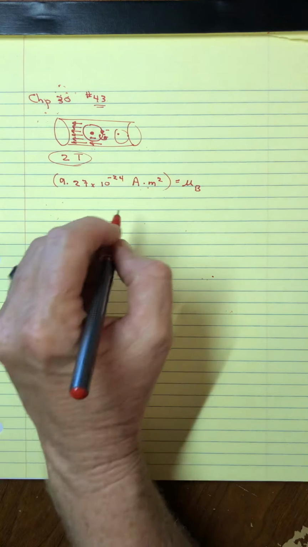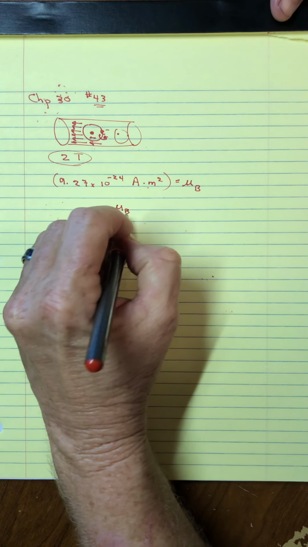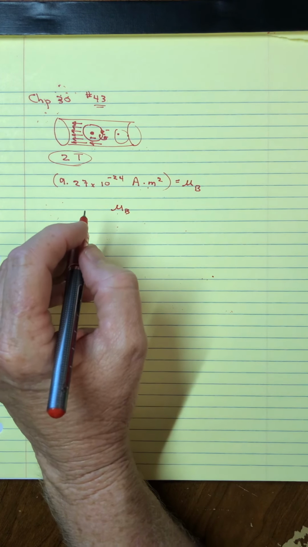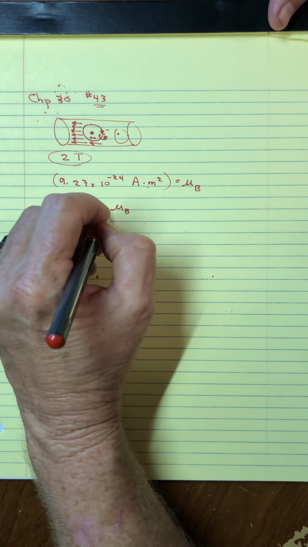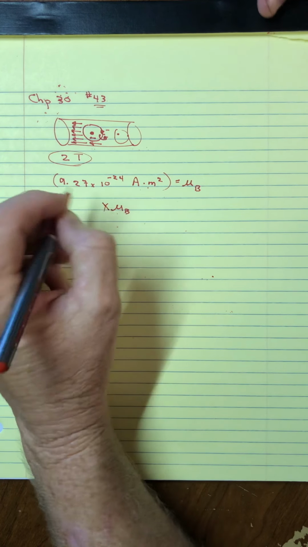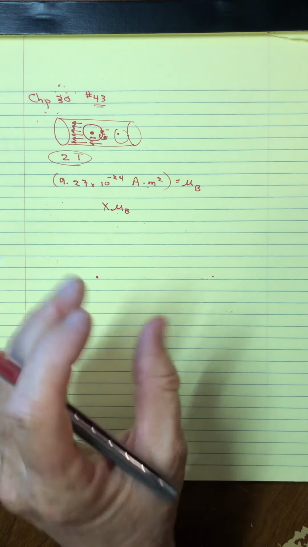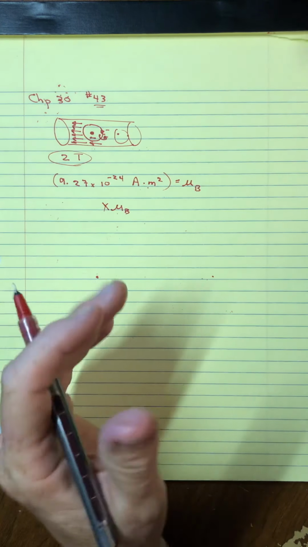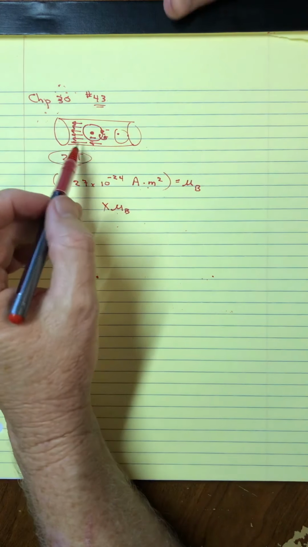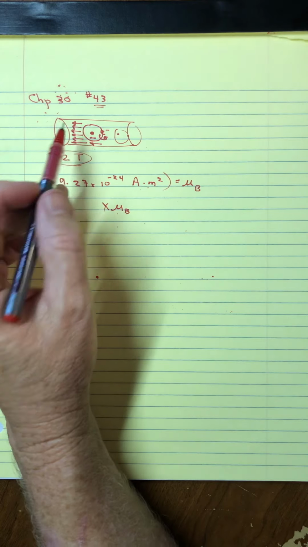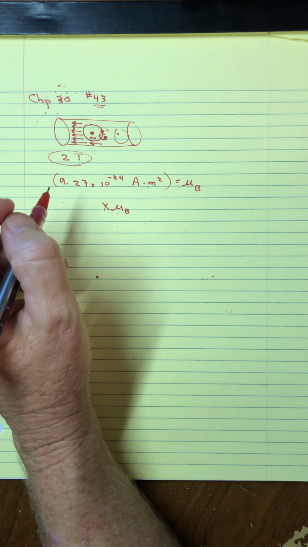Okay, so I'm going to take this number, mu sub b, and then multiply it by, say, x. And this x is going to be my symbol of saying, how many electrons are lining up? Like I said, it could never be more than 26, because that's the most I have.